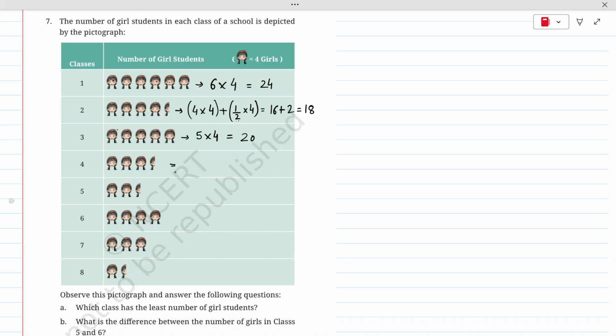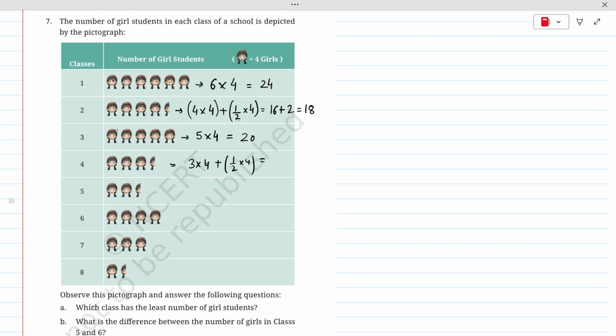I hope it is clear what we are doing here. We are counting the number of pictures first, and then we know that one picture of a girl corresponds to 4 girls. So we multiply it by 4 and get the total number of girls in the class, right? Now for class 4, we have 3 multiplied by 4 and again half of 4.